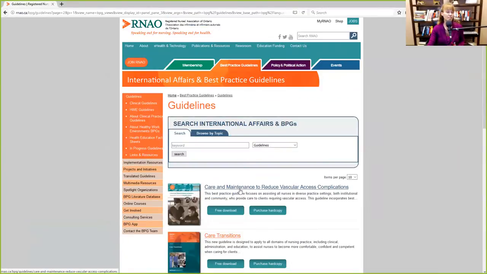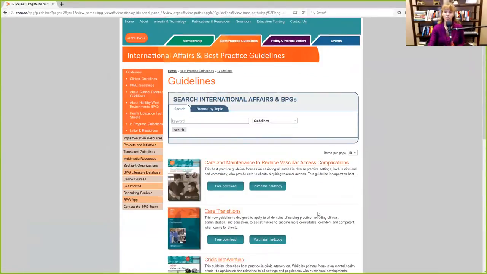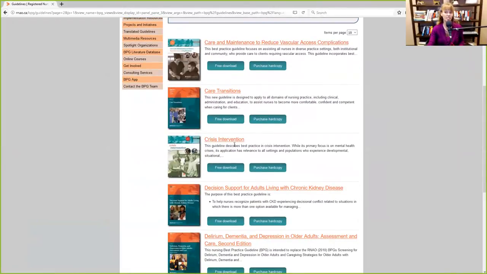If you've got clients with diabetes, this is a good place to go. Care transitions, crisis intervention, both of those are excellent resources if you've got a client maybe who is going into residential treatment for a while or having to transition to a long-term care facility.